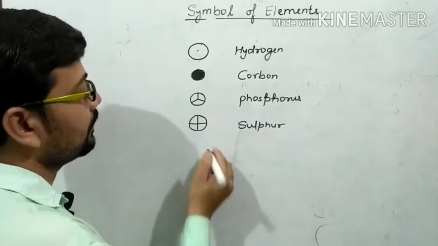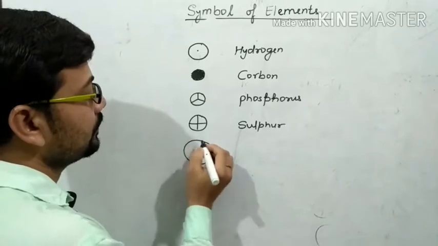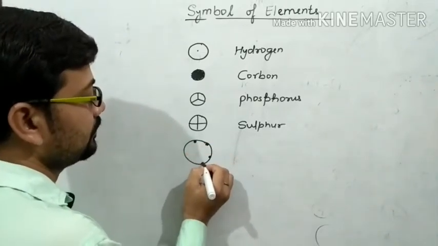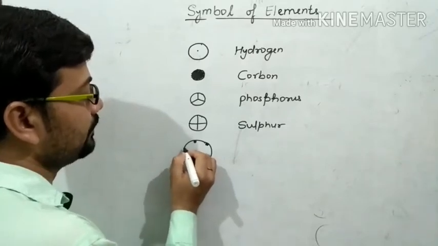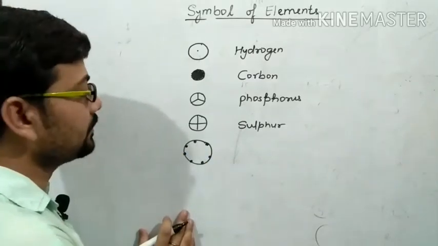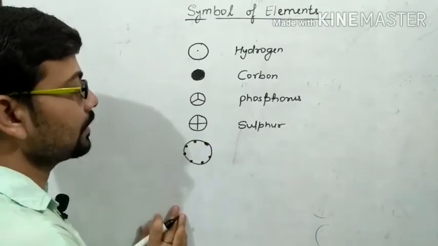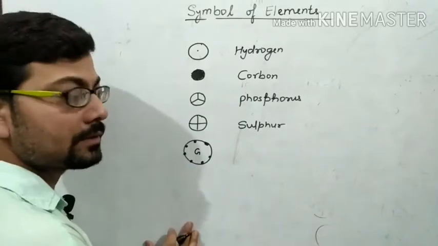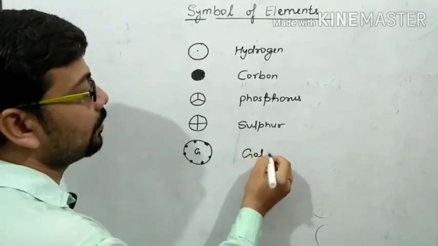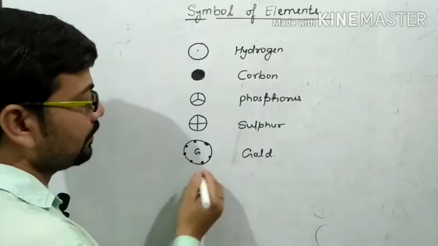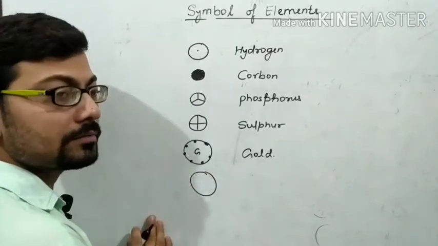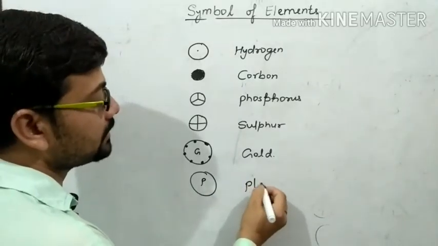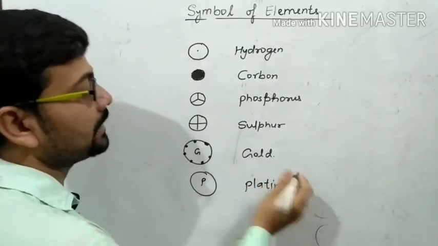If this circle has a solid point and G is written in it, this symbolizes gold. If a circle has P written in it, then it symbolizes platinum.